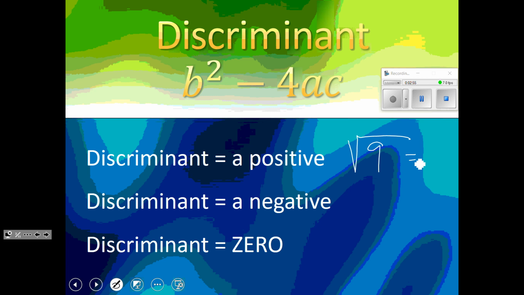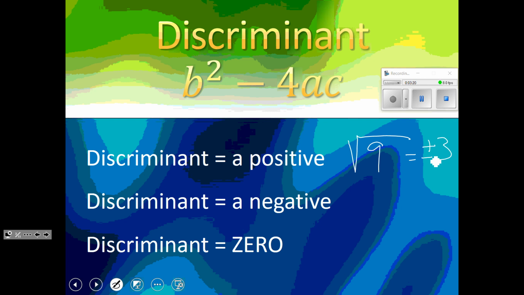We know that there will be 2 real answers, because we need to think about what the square root of 9 is. What times what could equal 9? It could be positive 3 times positive 3. So the square root of 9 could be 3. Or it could be negative 3 times negative 3.